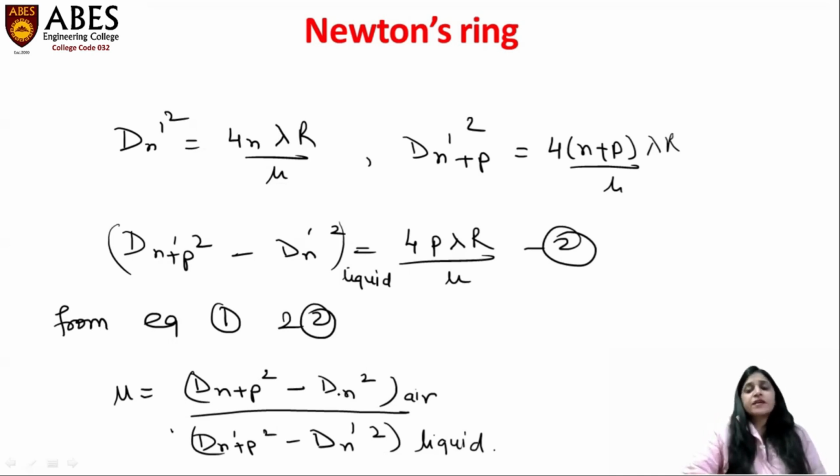Or suppose we lift the plano-convex lens a little bit above the glass plate, then what will happen? The rings will come closer and closer until they can no longer be separately observed. If this is the plano-convex lens and this is the glass plate, and you lift the lens a little bit, there will be rings forming, but they will be close.